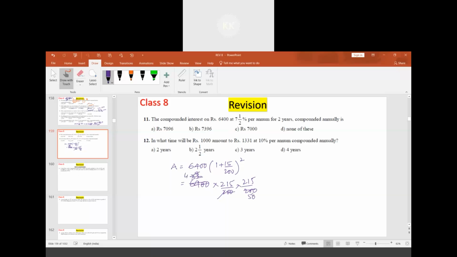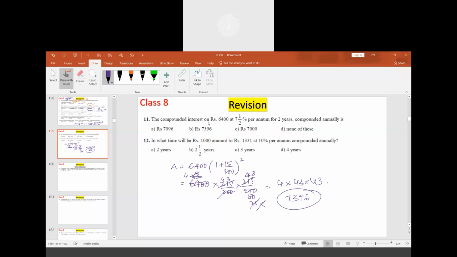Then this is 4 times, this is 25 times. Now it is divisible by 5. It is 4 times 43 into 43. So it is 7396. What is this? Amount? Yes, amount.